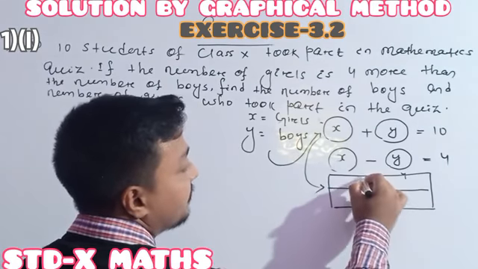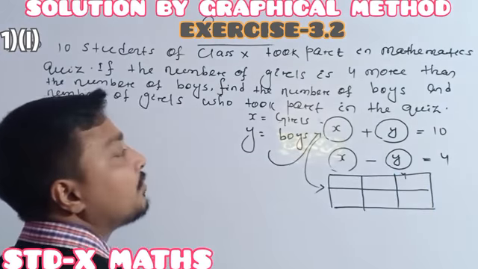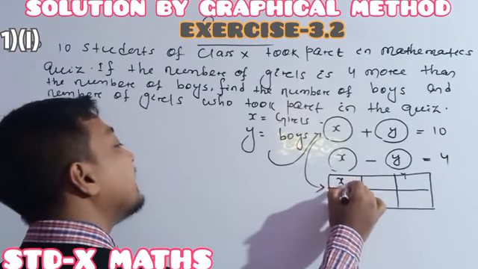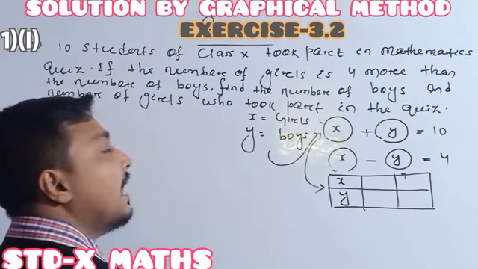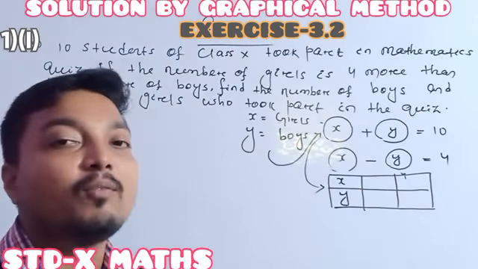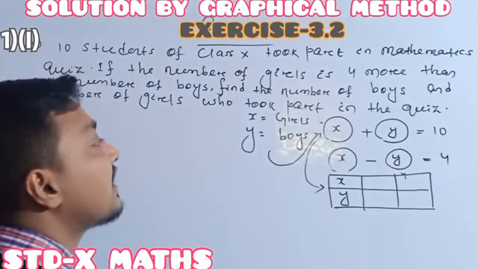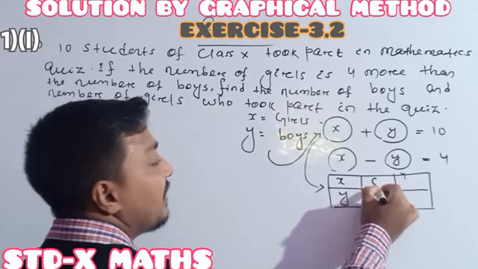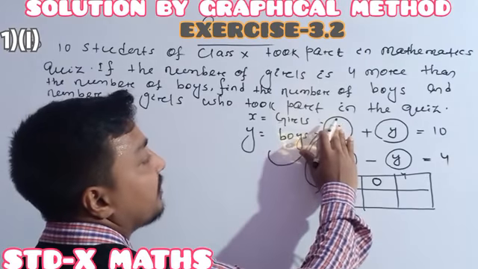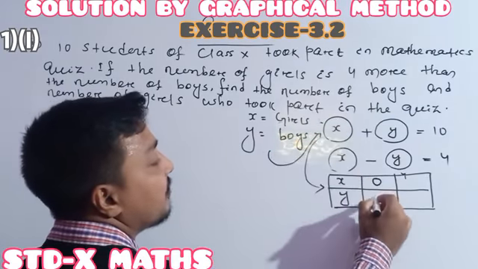In this table I have to take the value of x, and here the value of y. And the easier trick, as I told you, is to take first x equal to 0. On choosing x equal to 0, you will get y equal to 10.